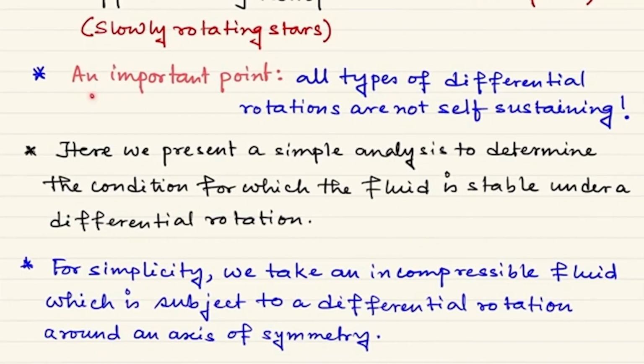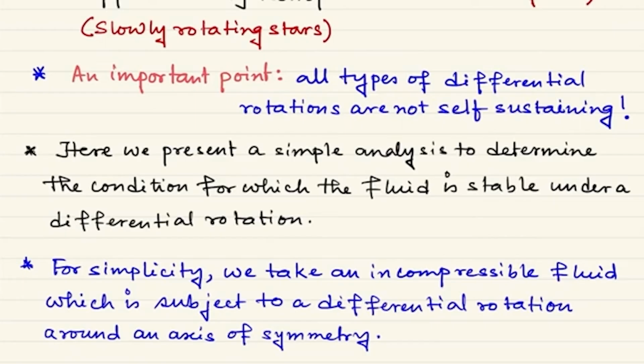Now, there is a very, very important point. All types of differential rotations are not self-sustaining. And what is the reason for that? Well, it depends on the dynamics and the structure of the system, so a general answer for this question is not very easy to obtain.